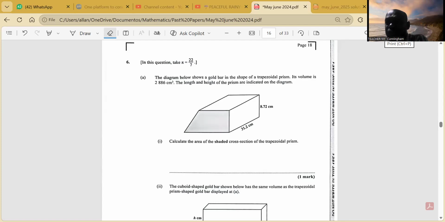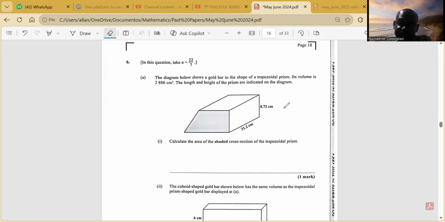This was a 2024 paper where they asked for: the diagram below shows a gold bar in the shape of a trapezoidal prism.